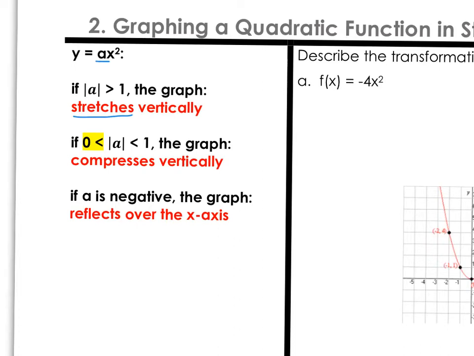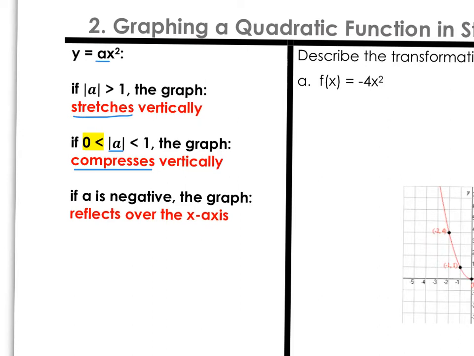I'd like you to add in that second kind of comparison, 0 is less than the absolute value of a is less than 1, in your note packet. If you need to rewrite it, go ahead and do so. This means if the absolute value of a is between 0 and 1, which means it would be a fraction, it's going to compress vertically, which means it'll draw all your y values closer to the x-axis, and it'll make that parabola look wider than the parent function.